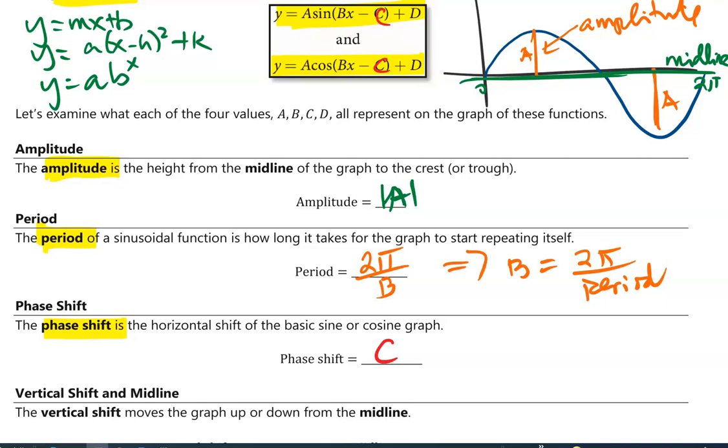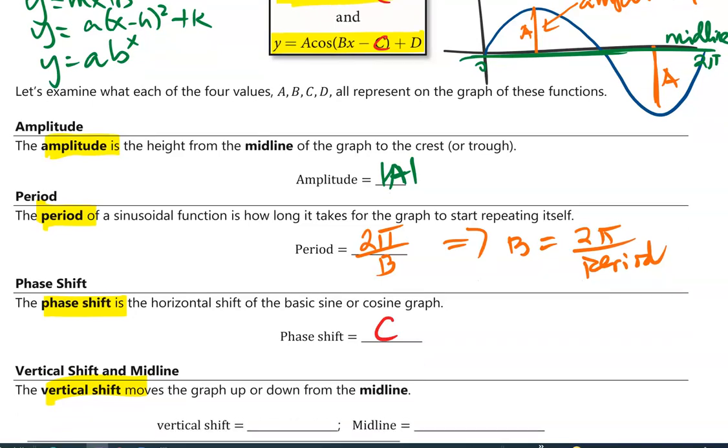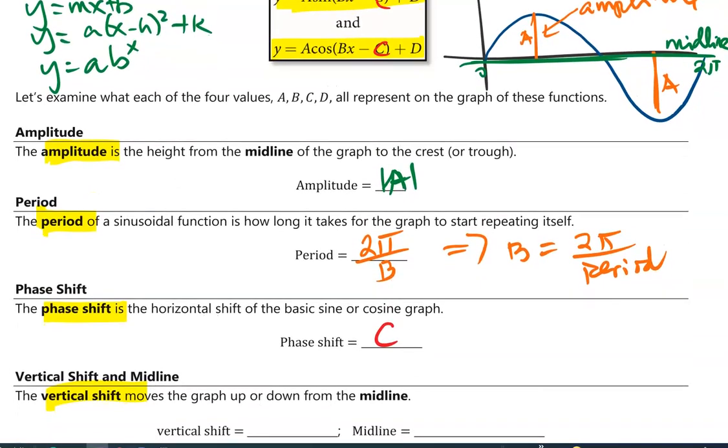And then the vertical shift moves the graph up or down from the midline, and that is your D. And the midline is actually equal to D, so y equals D is also the midline.